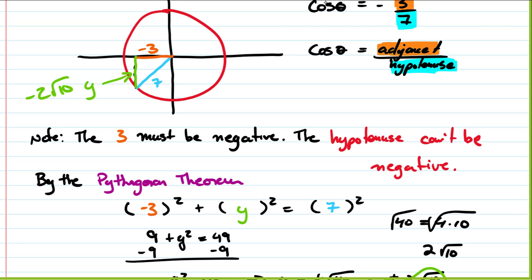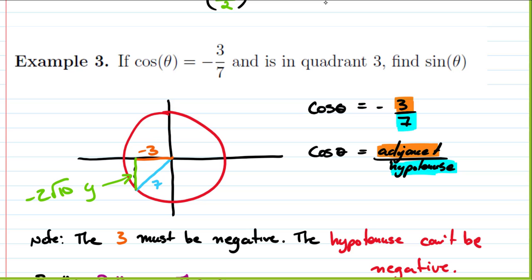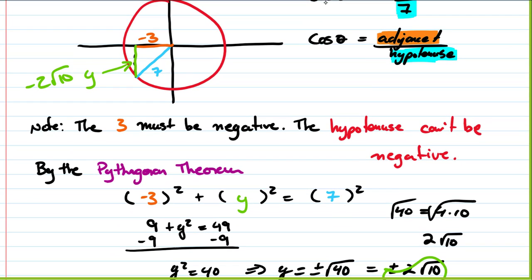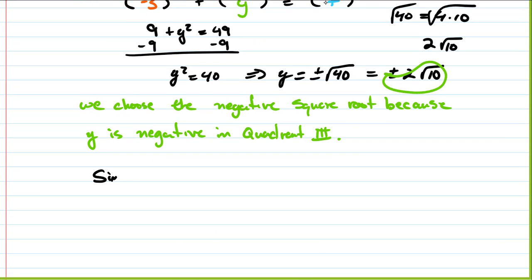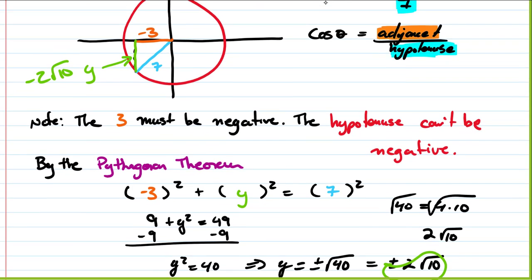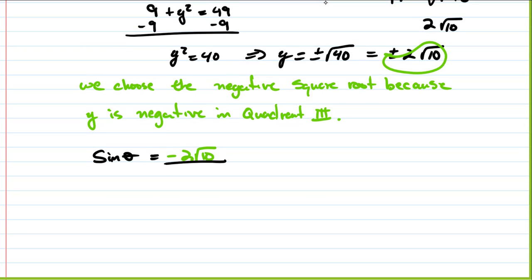Well, if that's the case, we want to know, well, what is the sine of theta? Well, sine theta is opposite over hypotenuse. So our sine is going to be negative 2 square roots of 10 over our hypotenuse, in this case, which was 7.